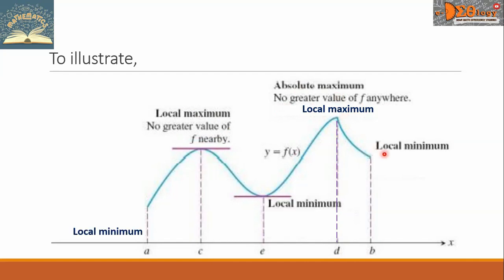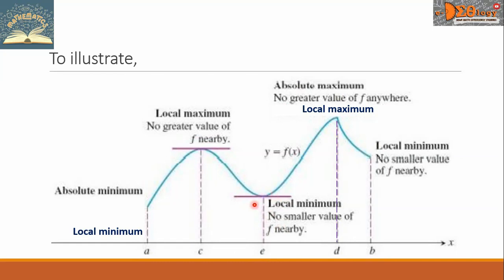Next, there are 3 points of local minimum, and these are the points when x is equal to a, to e, and to b. We consider this point as local minimum because we say that there is no smaller value of f nearby.